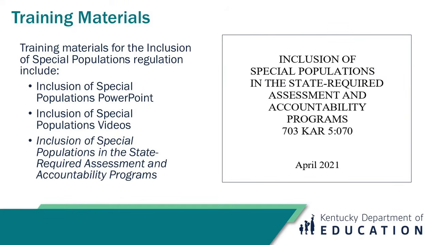The support materials that you receive for this regulation training include Inclusion of Special Populations in the State-Required Assessment and Accountability Programs Regulation, this PowerPoint, and the training videos. These may be accessed on the Assessment Regulations Training webpage. This regulation was updated in April 2021, and this training and documents reflect the most recent updates.